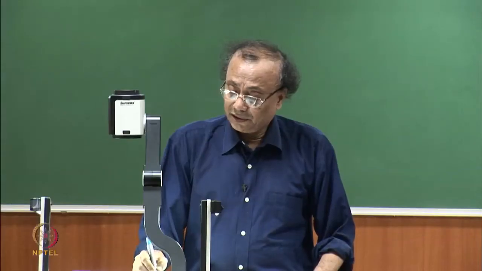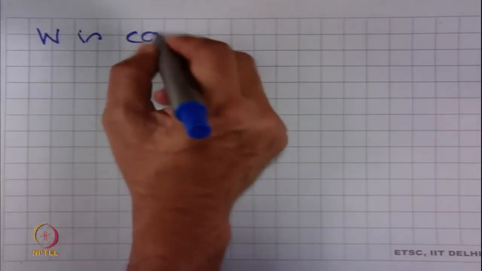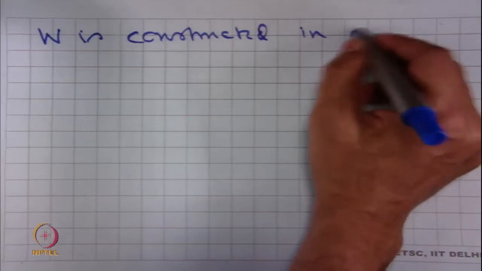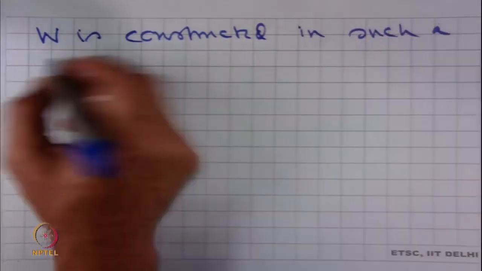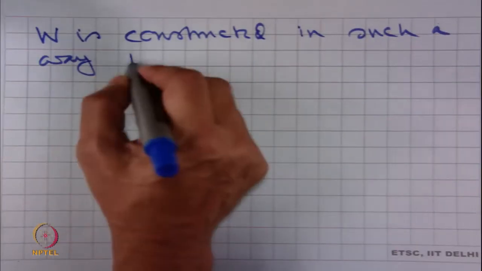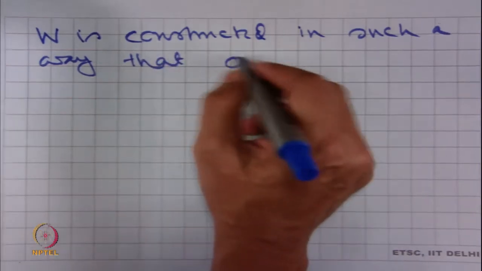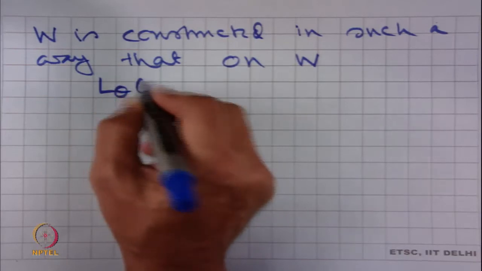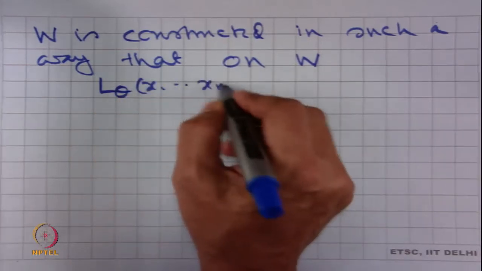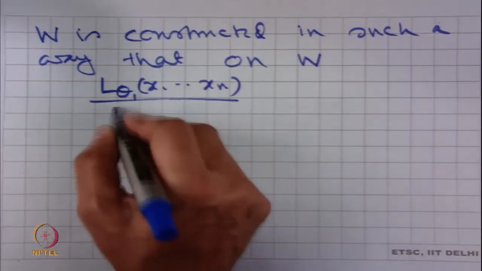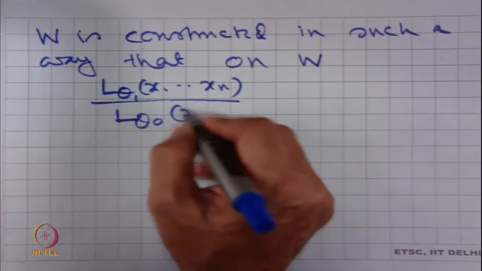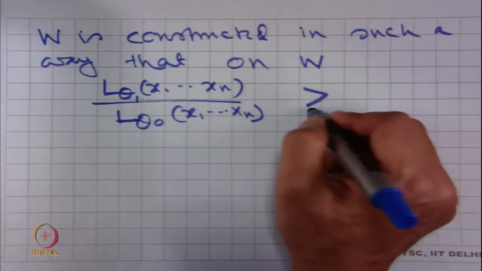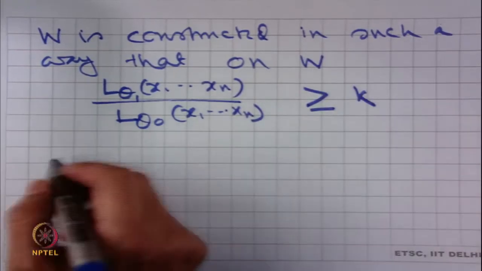So, W is constructed in such a way that on W, L theta 1 of x 1, x 2, ..., x n upon L theta 0 of x 1, x 2, ..., x n is greater than or equal to k.